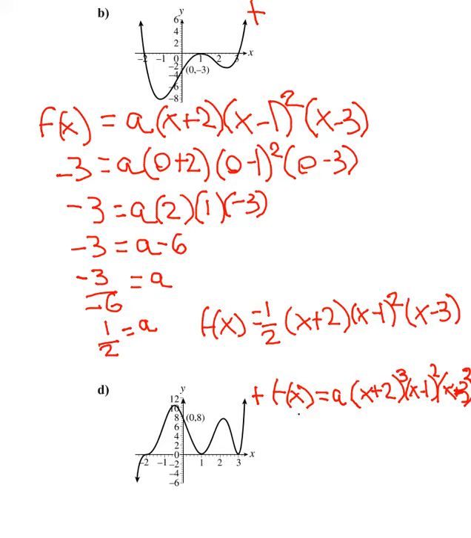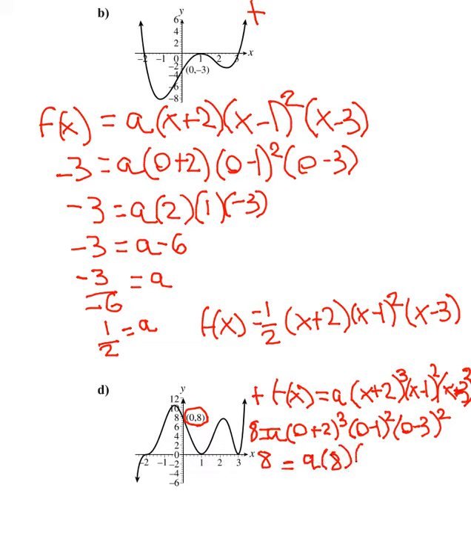Now we're going to replace these numbers with our y-intercept, which is 0 and negative 8. So we're going to write negative 8 equals a times (0 plus 2) cubed times (0 minus 1) squared times (0 minus 3) squared, which equals negative 8 equals a times 8 times 1 times 9.